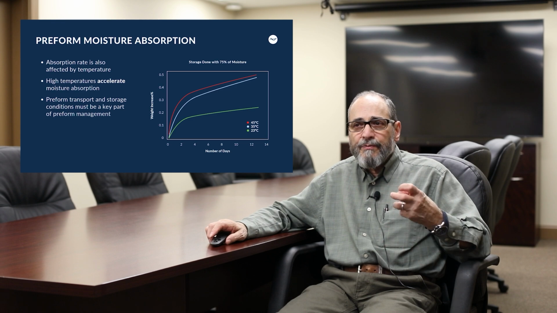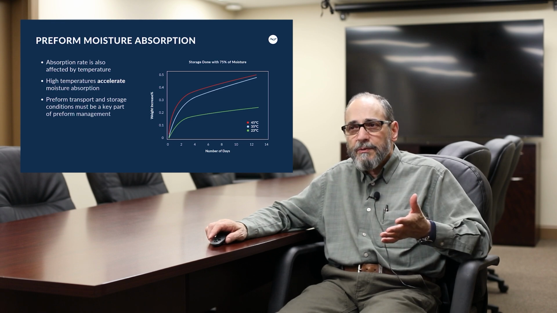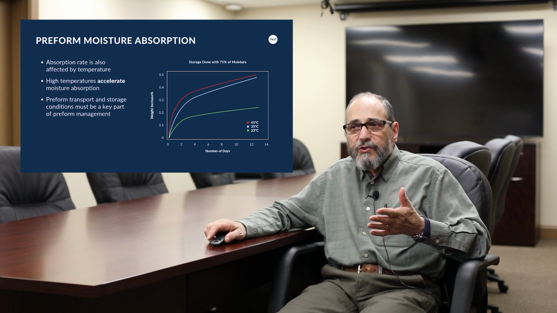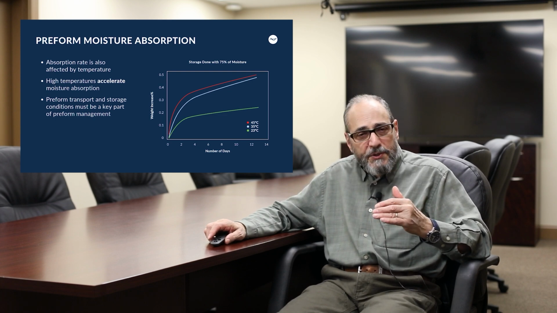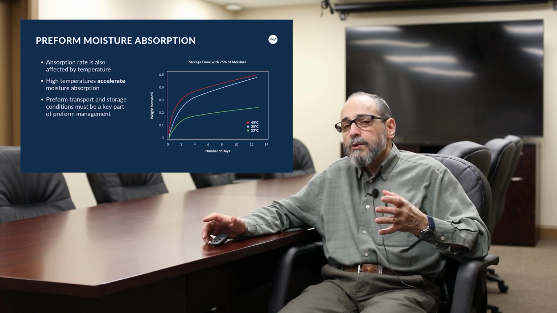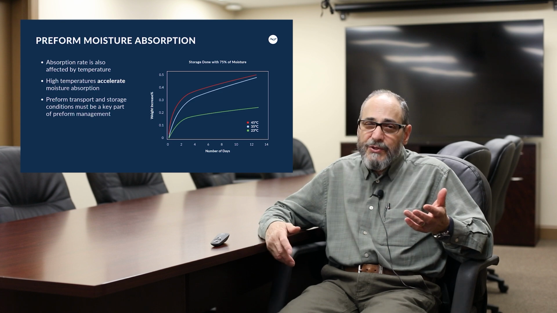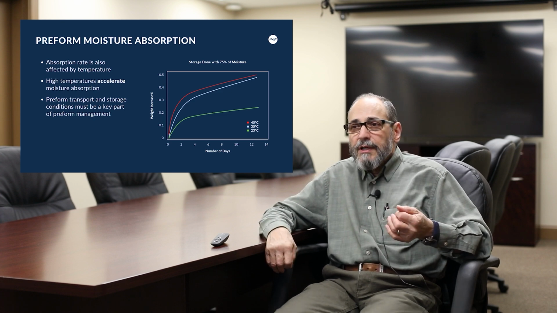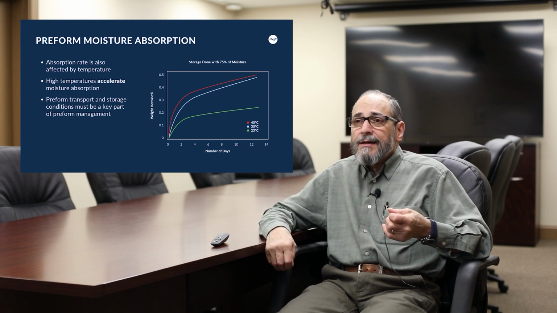I mentioned heat. This slide shows that the same humidity, 75% humidity, over the course of about 2 weeks, it's showing you the absorption rate at basically room temperature, 23 degrees C versus 35 degrees C, which is pushing 100 degrees Fahrenheit, versus 45, which is 110.